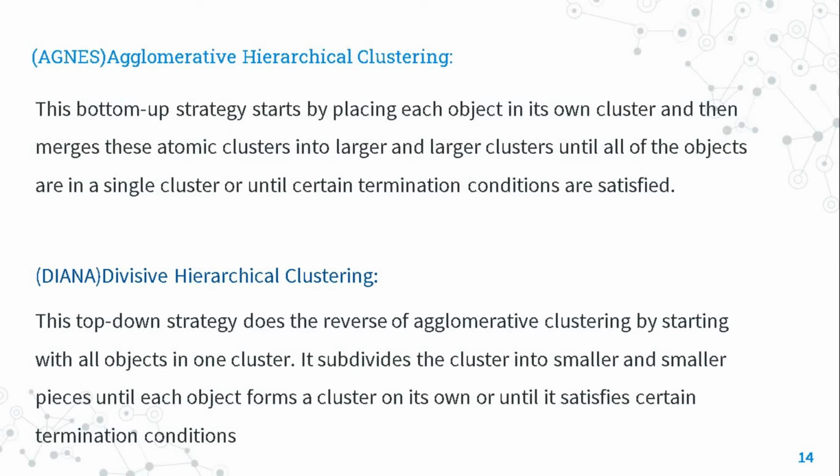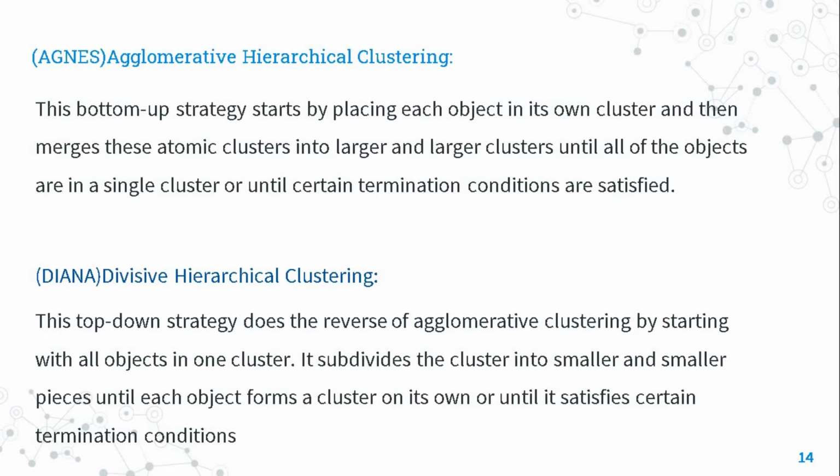In DIANA, or divisive hierarchical clustering, this top-down strategy does the reverse of agglomerative clustering. By starting with all the objects in one cluster, it subdivides the cluster into smaller and smaller pieces until each object forms a cluster on its own or until it satisfies certain termination conditions.